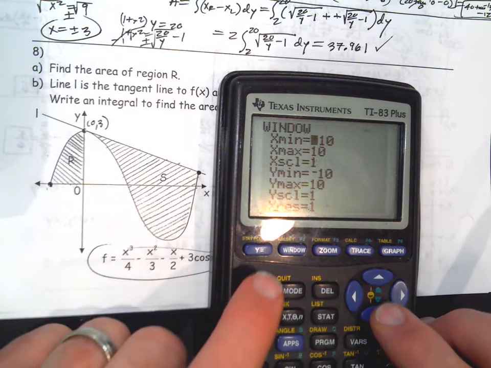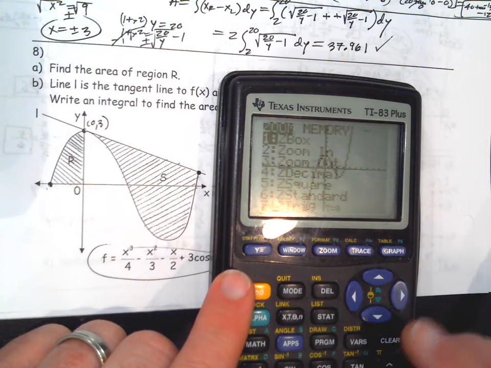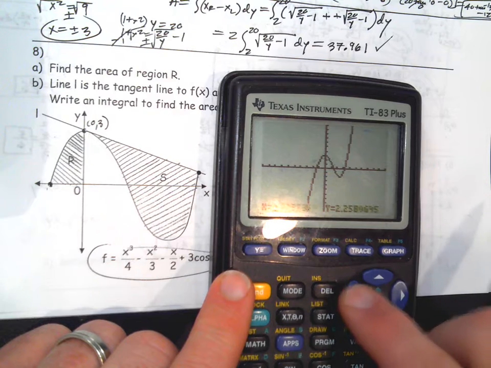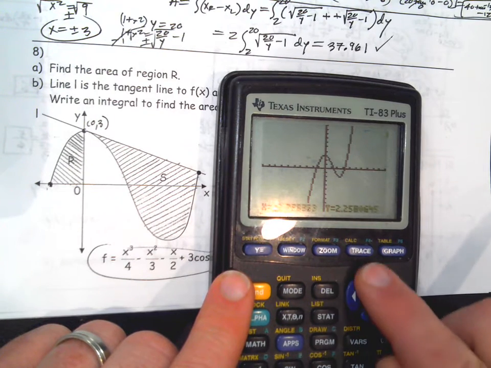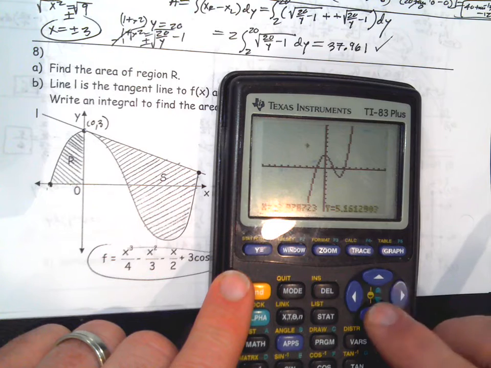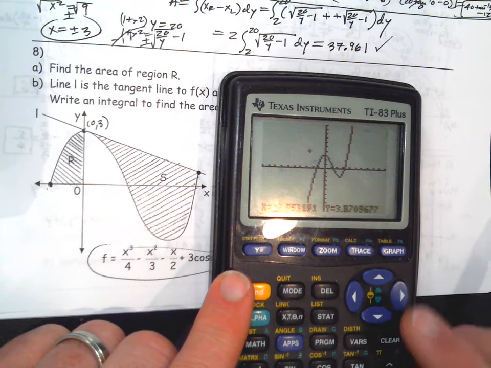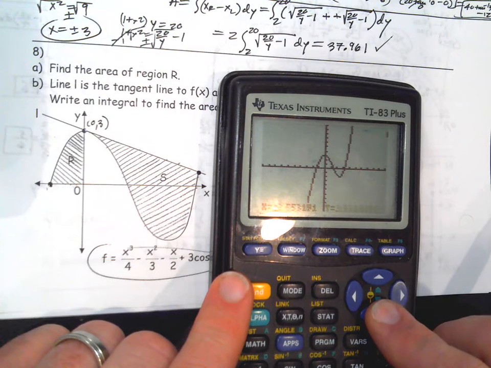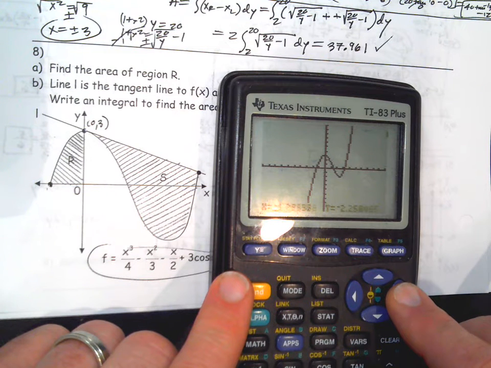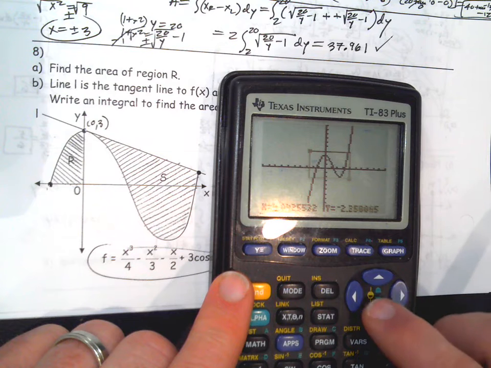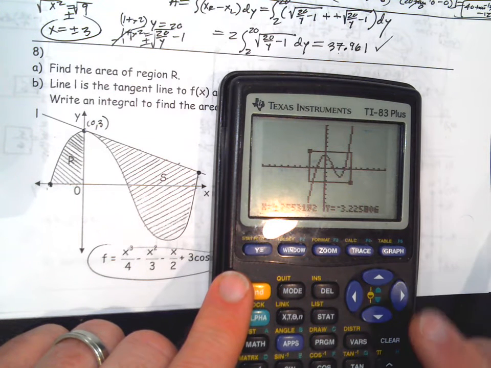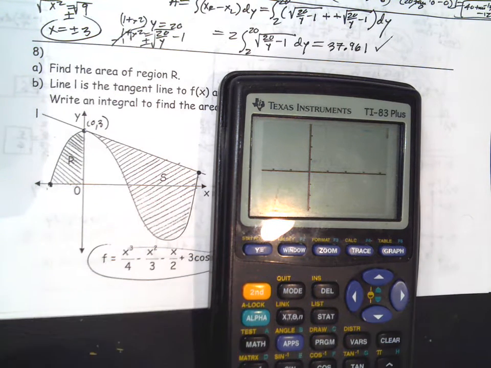We could do zoom box, create a box around the window. Drag the corners. You hit enter and it resizes it. So, okay, cool. I mean, this also confirms that we entered the equation correctly.